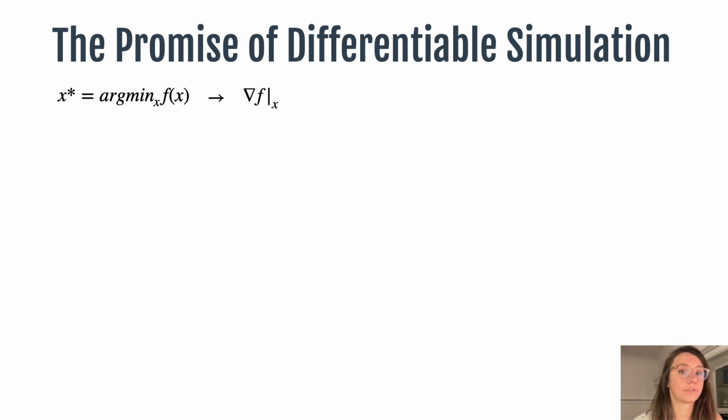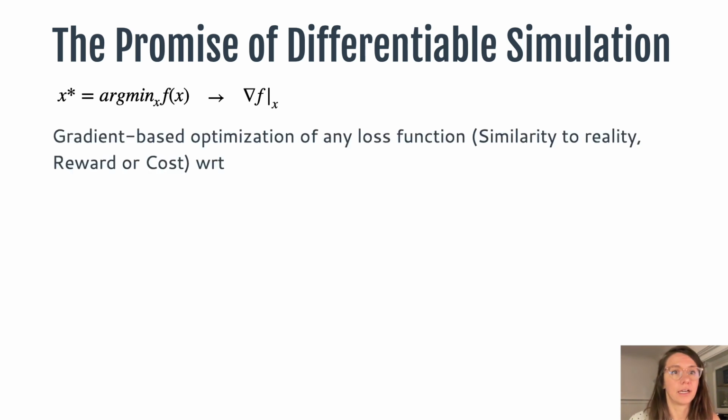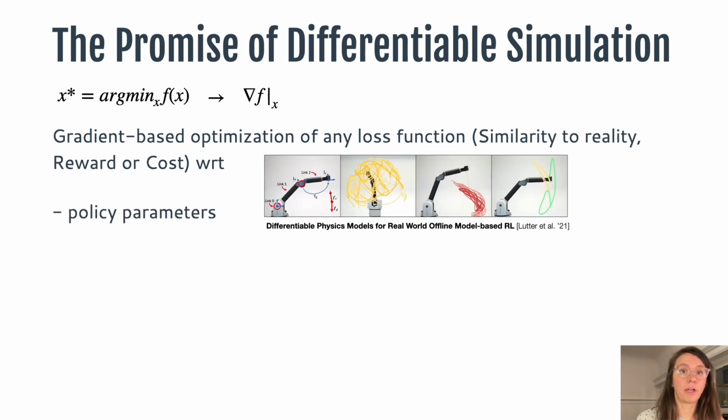For robotics, differentiable simulators of the physical world are particularly promising because we can use these gradient-based optimization tools on any loss function. This can be a loss function based on the comparison of simulator output and reality, or any reward or cost function that we can optimize with respect to, for example, policy parameters.